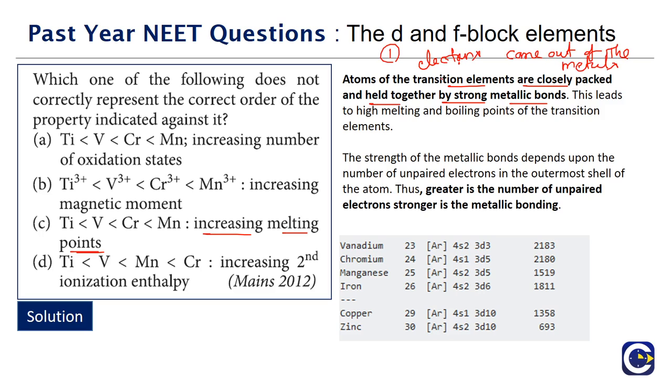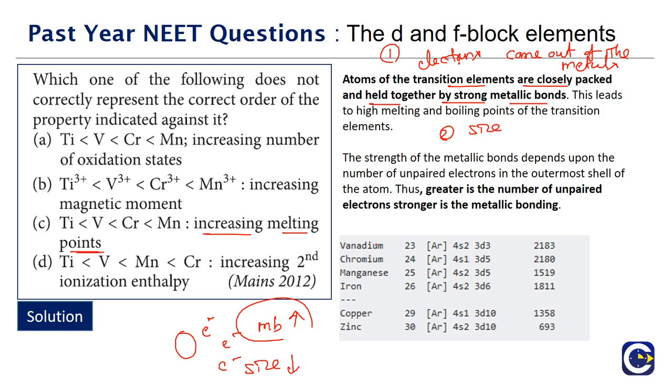So this is one factor. Second factor is size. More number of electrons can come out of the metal means the metallic bond strength will be higher. When the size is less, again the metallic bond strength will be higher. So the size of the atom should be less and more electrons should be emitted from these metal atoms.